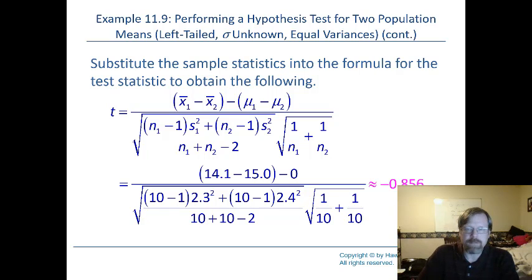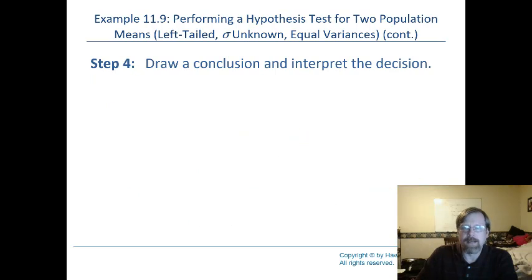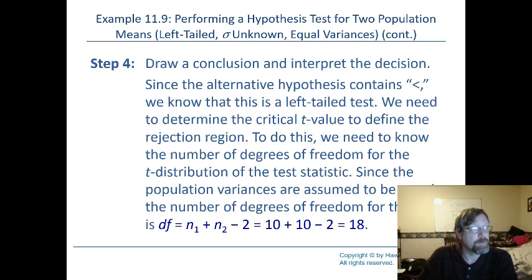So let's look at what this means. We're looking at a left-tailed test, so we want the t-statistic to be less than the critical t-statistic in the rejection region. So our degrees of freedom is 10 plus 10 minus 2, or 18.